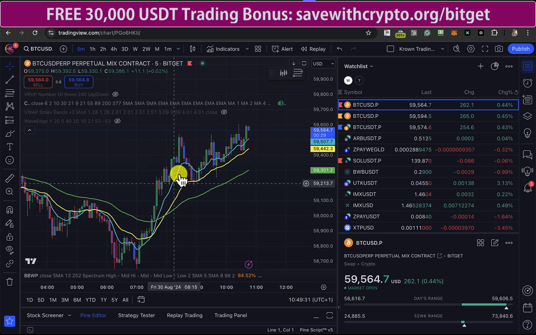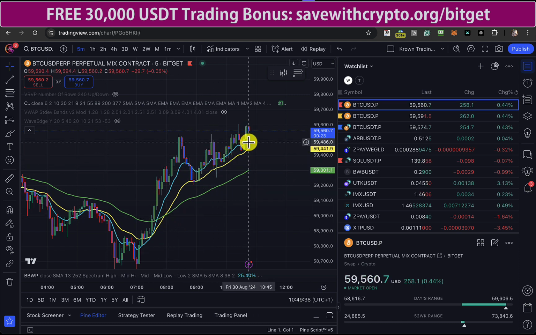So we've got this cyan line here, a yellow one there, and a green one there. Now the cyan is a 9 EMA. That's exponential moving average. That means it calculates the average over the past 9 time periods of whatever that time period is.